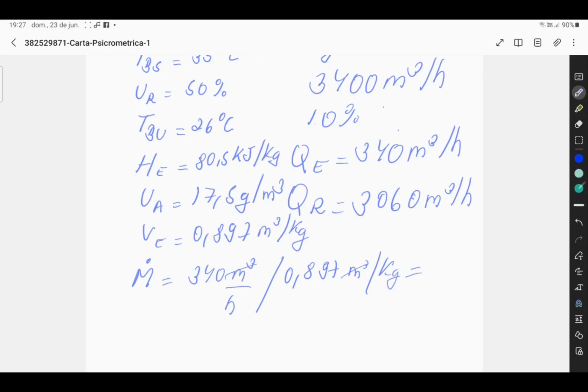My flow rate of external air will be 340 divided by 0.897, which gives 379 kilograms per hour.